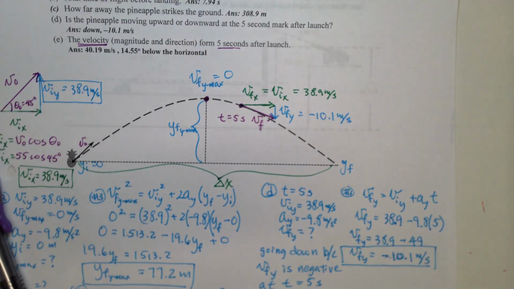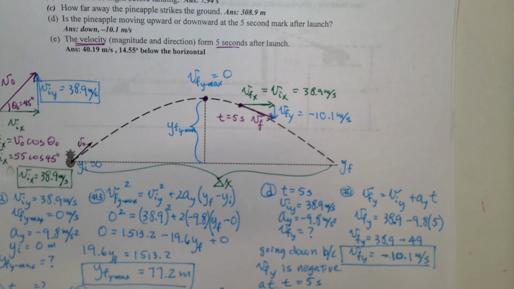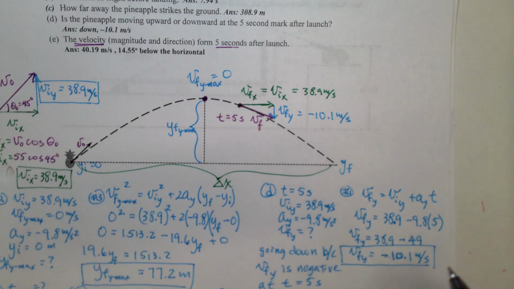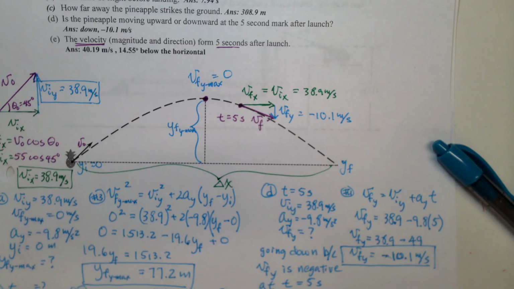So for part E, my final velocity when t is equal to 5 seconds is simply 38.9 x hat minus 10.1 y hat meters per second.